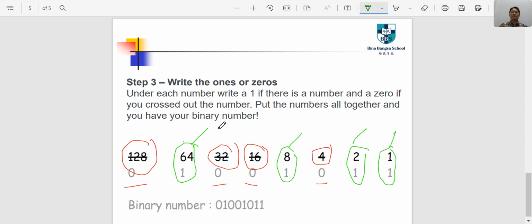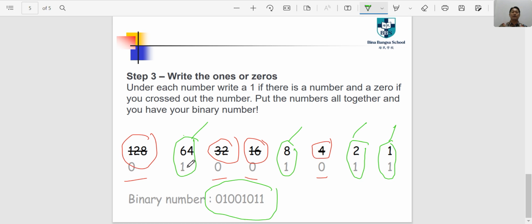Since there was no consideration in how many bits the numbers is going to be represented, 2, 4, 6, 8, usually 8-bit or it could be 16-bit. It depends. Now, in our example, the binary number is equivalent to, take note, 0, 1, 0, 0, 1, 0, 1, 1. This is now the binary equivalent of the decimal number 75.